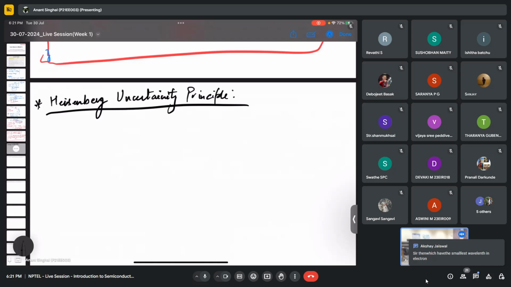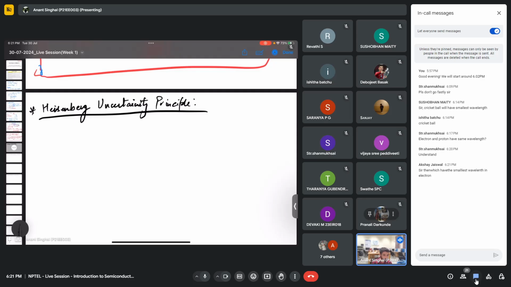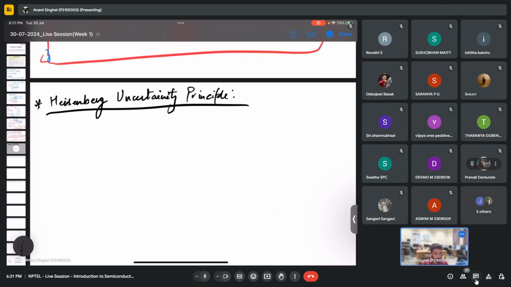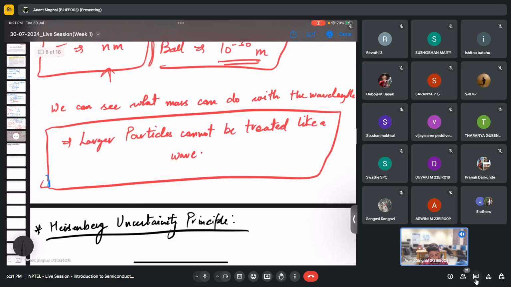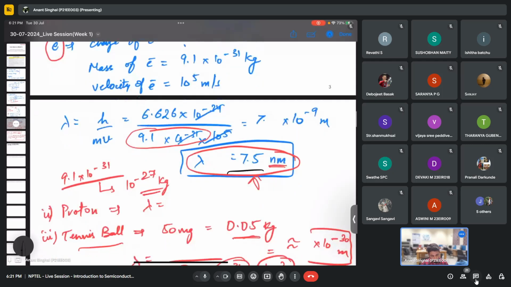I've got a doubt about which has the smallest wavelength. Okay, between electron and proton, the electron will have a higher wavelength because it has a lower effective mass. A proton has a higher effective mass, so it will give you a smaller wavelength.